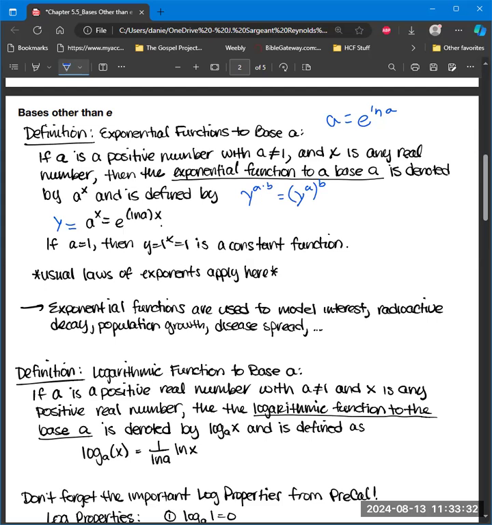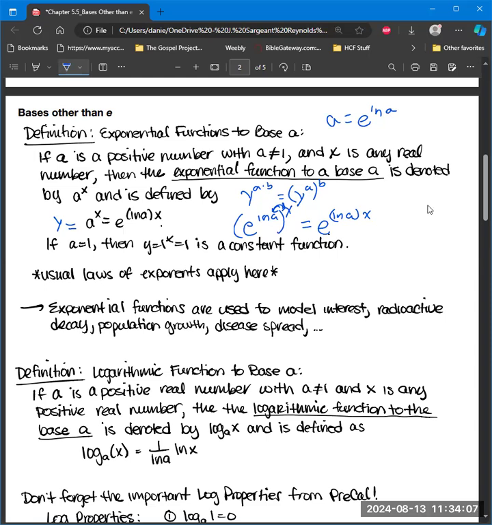So if I have right now a to the x and I want e to the ln of a to be my a raised to the x, then I'm going to multiply these two exponents together here and get e to the ln of a times x. And that's how this expression on the right comes, by raising a power to a power and multiplying the exponents.